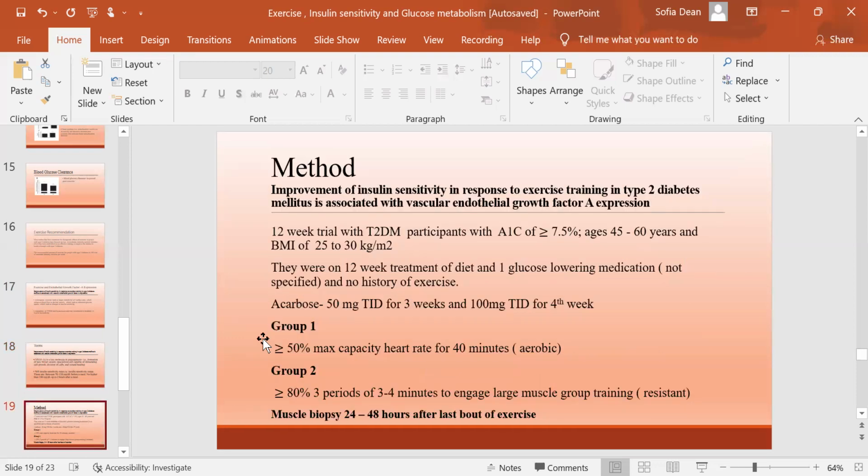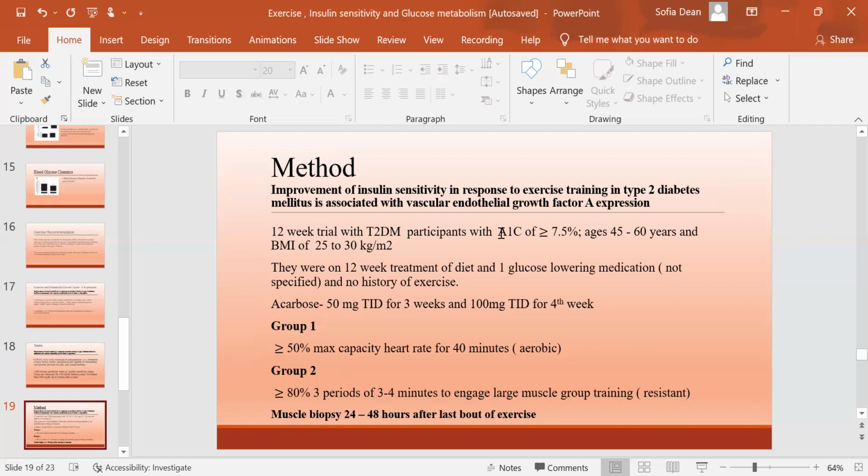The method of this research was a 12-week trial with type 2 diabetes mellitus patients who had A1C levels of greater than or equal to 7.5. These participants needed to be 40 to 60 years of age and with a BMI of 25 to 30.